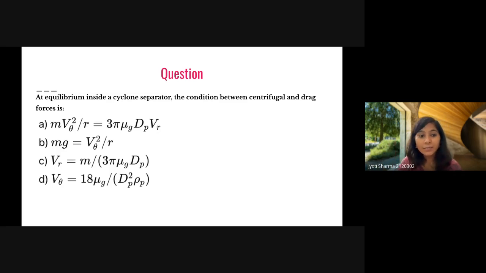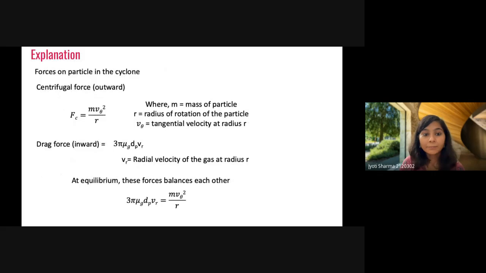So based on that, A is the right answer. Yes. And here also you can see for the centrifugal force it is mv square upon r, and for the drag force it is 3 pi mu g dp vr. In equilibrium, these forces will balance each other.